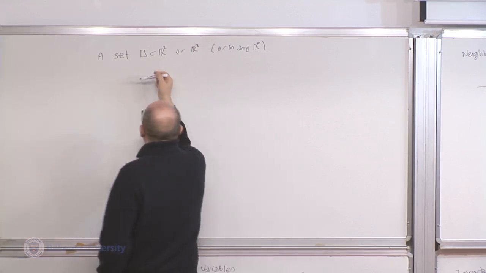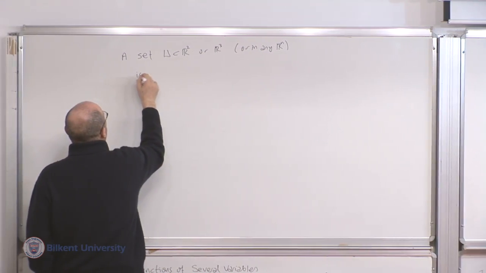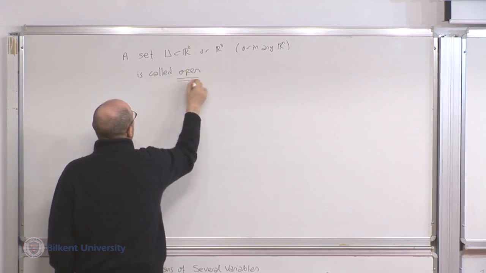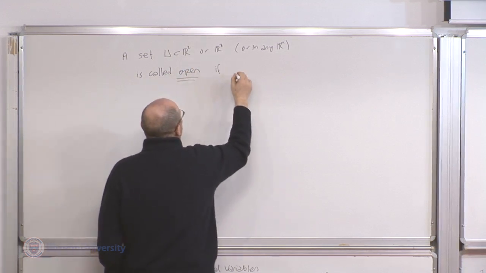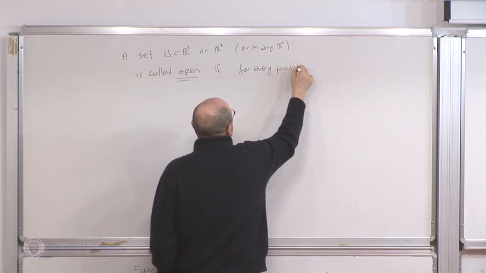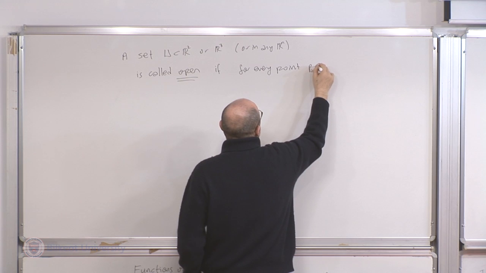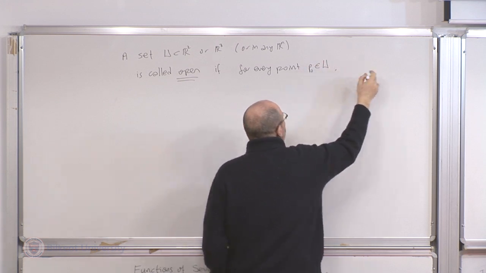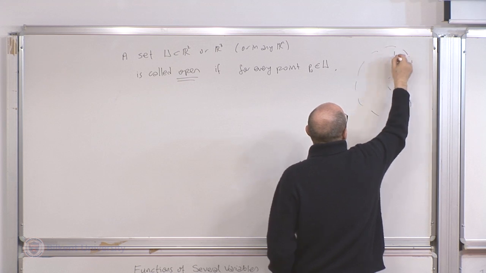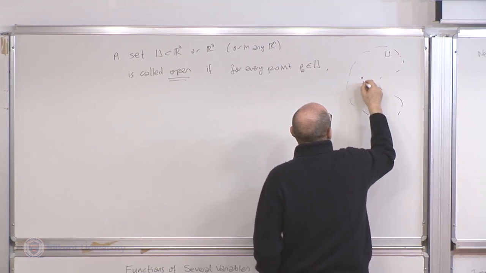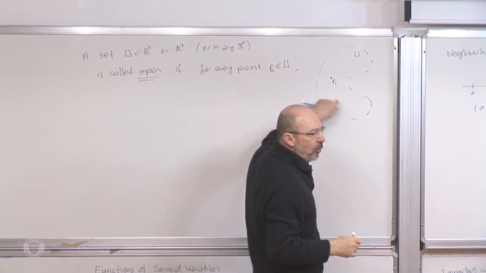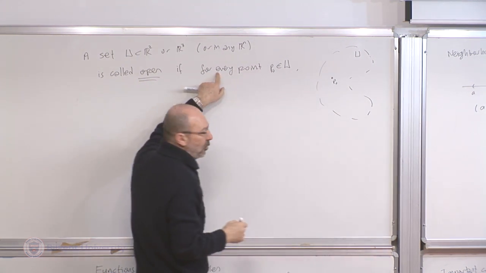So a subset here is called open. This is the formal definition. If for every point p sub 0 in U, let me draw a picture. So suppose this is U. I choose an arbitrary point. I should be able to repeat this result for every point here. So that's the strong thing here.